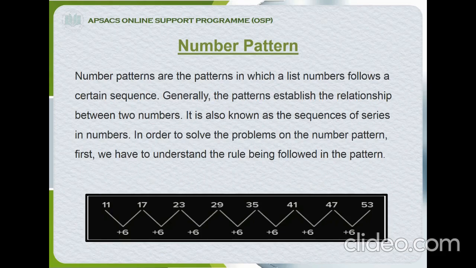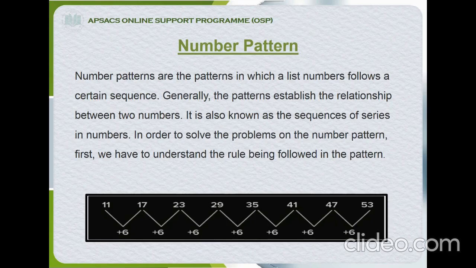Students, number patterns are patterns in which a list of numbers follows a certain sequence. Generally, the patterns establish the relationship between two numbers. It is also known as the sequence or series in numbers. In order to solve problems on number patterns, first we have to understand the rule being followed in the pattern.